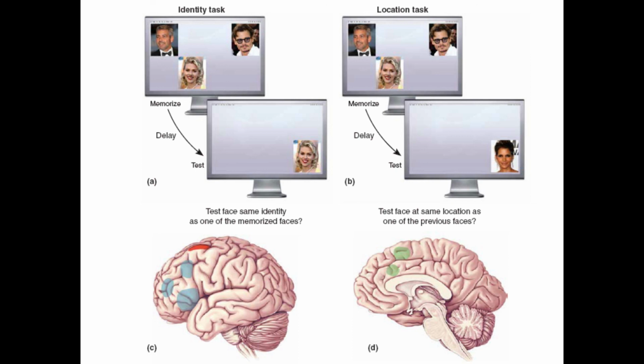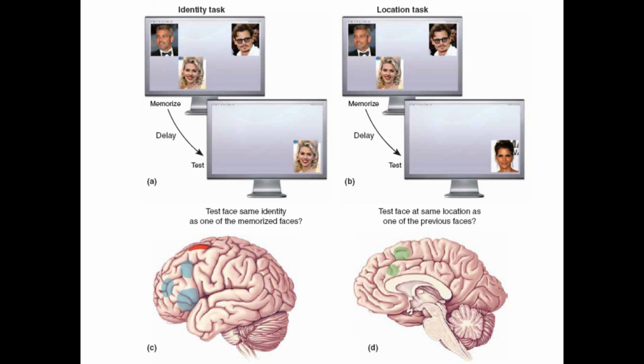And the second task, which is a location task, the face that appears on the test screen is not one of the faces you've seen before, but in this case you just have to remember if that face is in the same position as one of the faces presented before.